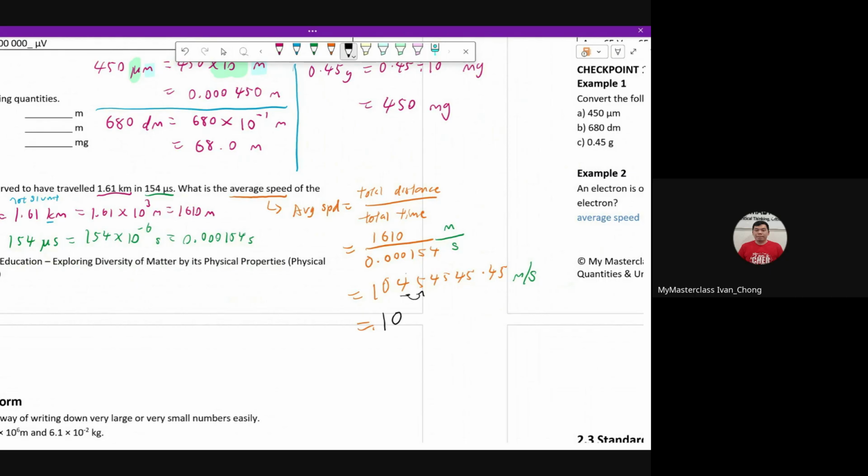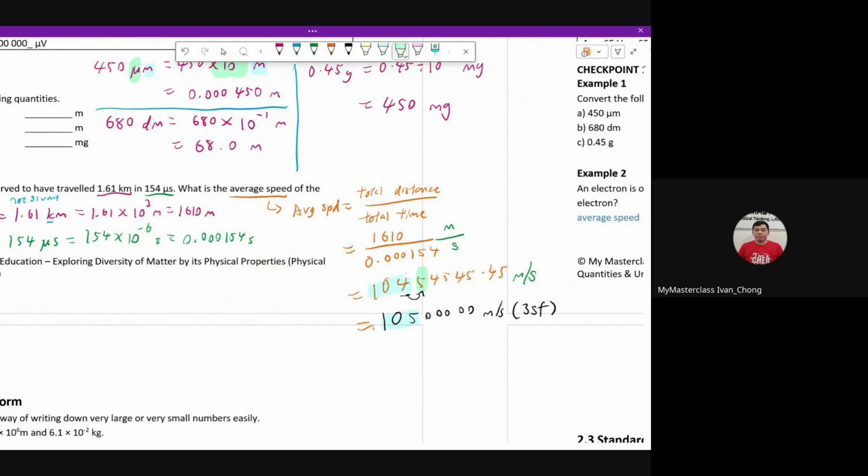If this number is 5 or more, we're going to round up. Because of this, this will be rounded to 3 significant figures, because you look at your first 3 digits, and because the fourth digit is 5 or more, we will round it up.